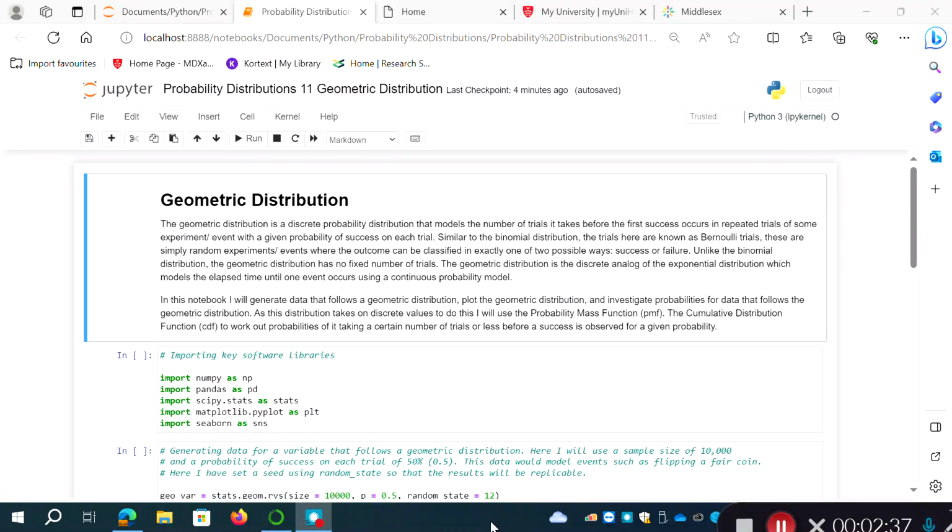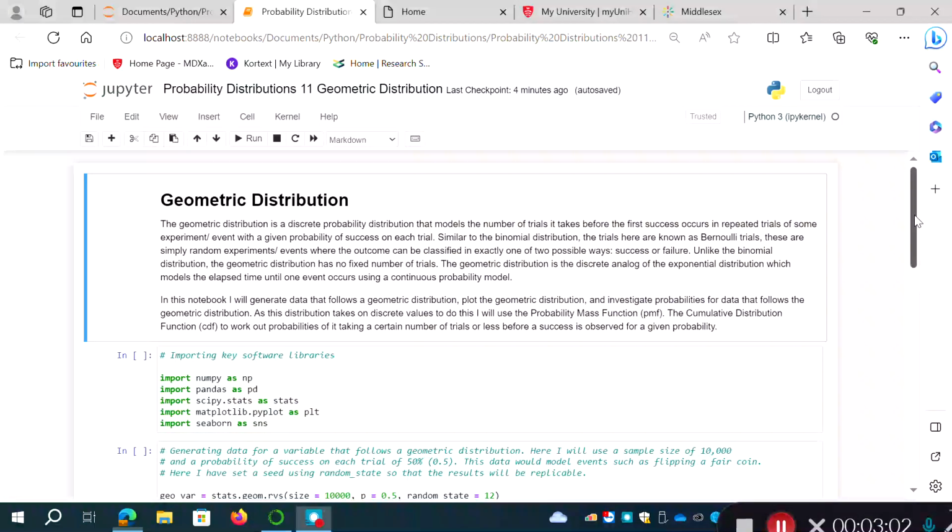So to investigate specific probabilities or probabilities of specific values, we'll use the probability mass function, or the PMF. And we can also use the cumulative distribution function, the CDF, to work out cumulative probabilities of it taking a certain number of trials or less before we observe a success at some given probability.